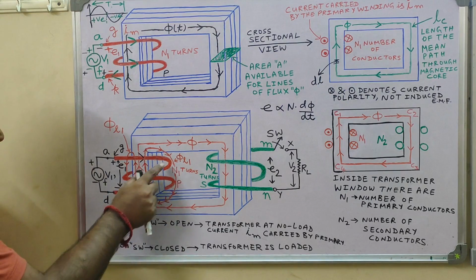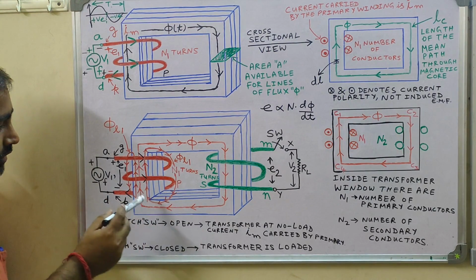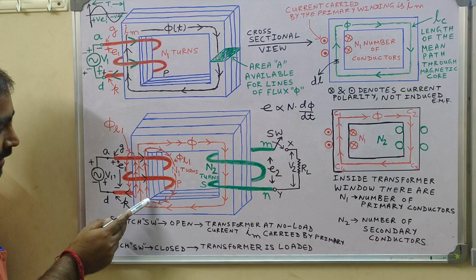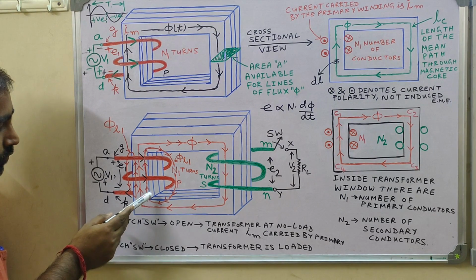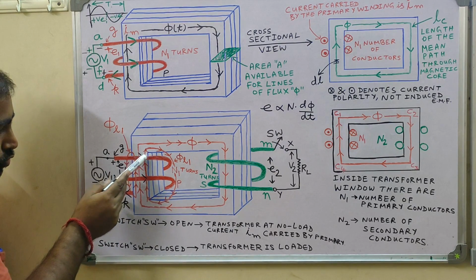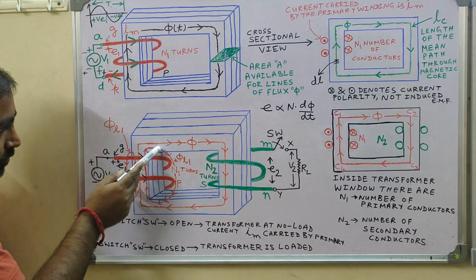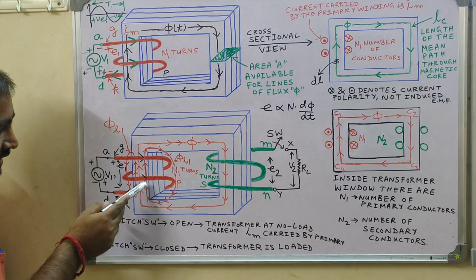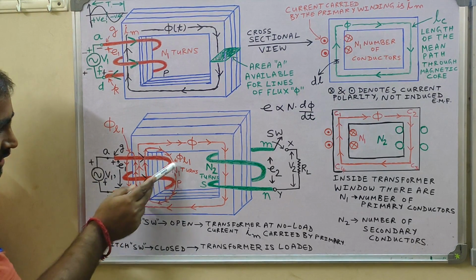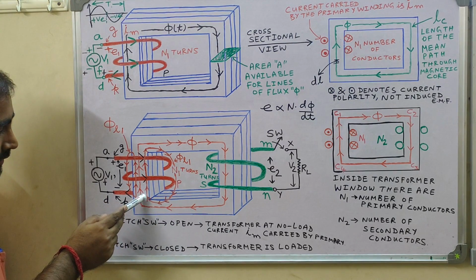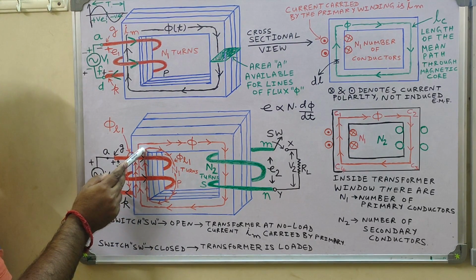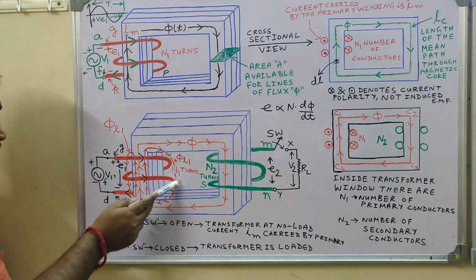So this flux path phi L1 is following a path which is shown by these lines of flux phi L1, indicated here. You can find that the path of this flux phi L1 is partly through the limb of the transformer and partly through the air portion.